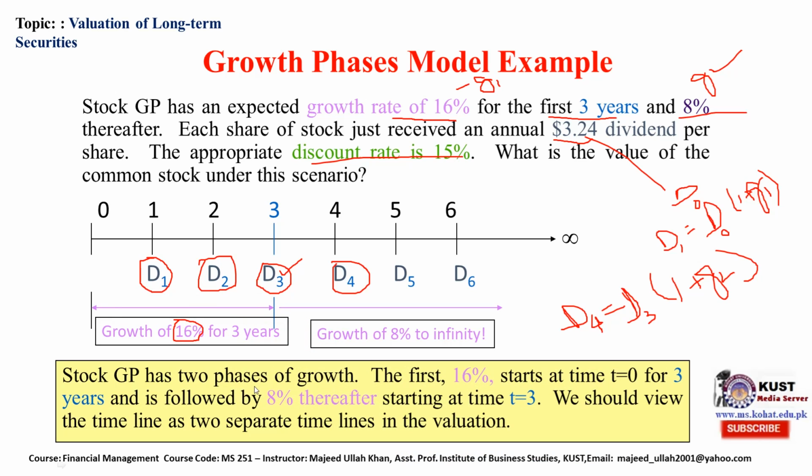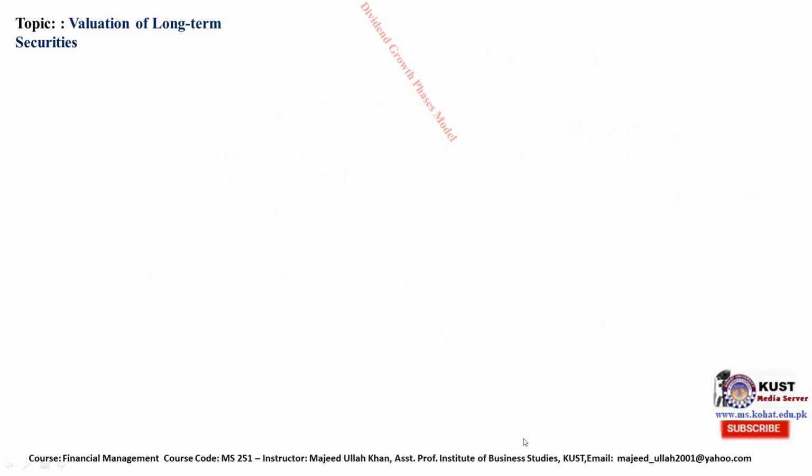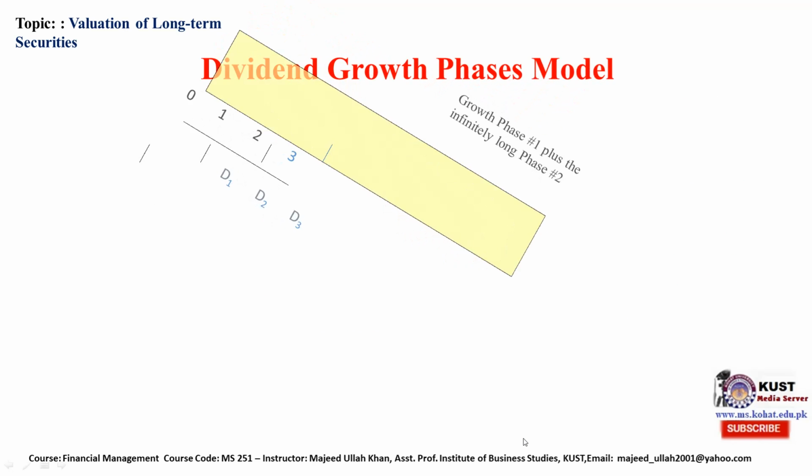Stock GP has two phases of growth. The first is 16% started from T equal to 0 for 3 years and followed by 8% thereafter. Starting at time T3, we should view the timeline as two separate timelines and valuations. Dividend growth model.